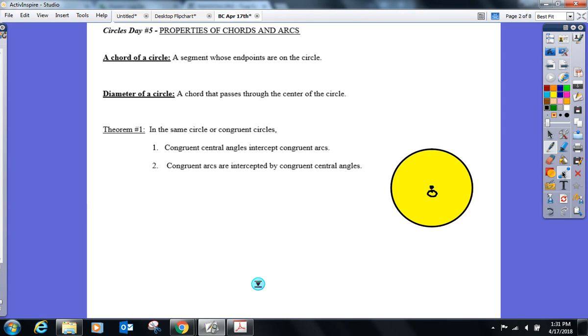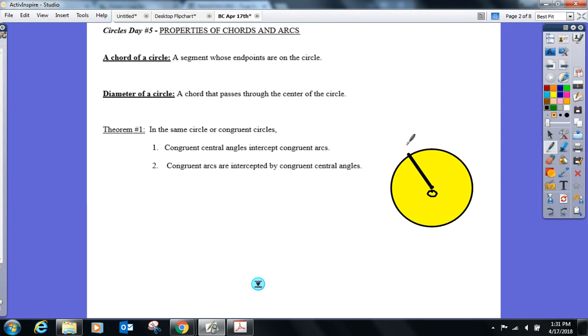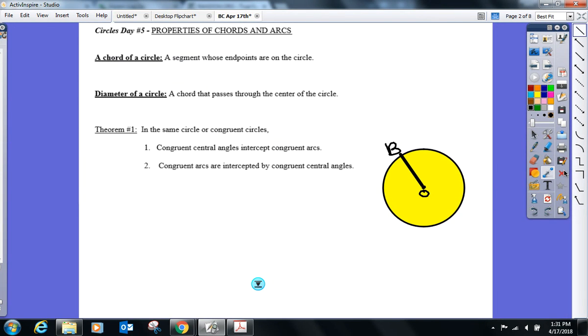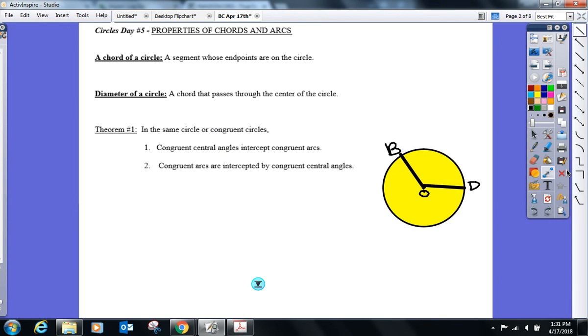I need one radius, which we're going to call OB. I need another radius, which we're going to call OD. And we need a diameter AOC.